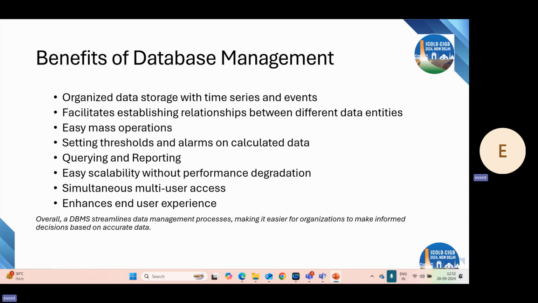And since we are already using database software, we can easily scale the model to accommodate any number of data points or a larger scale. Again, it streamlines the data management process, making it easier for organizations to make more informed decisions based on more accurate data.